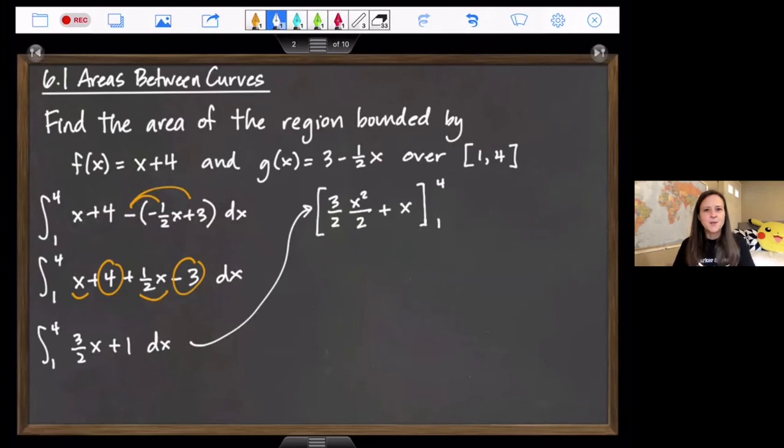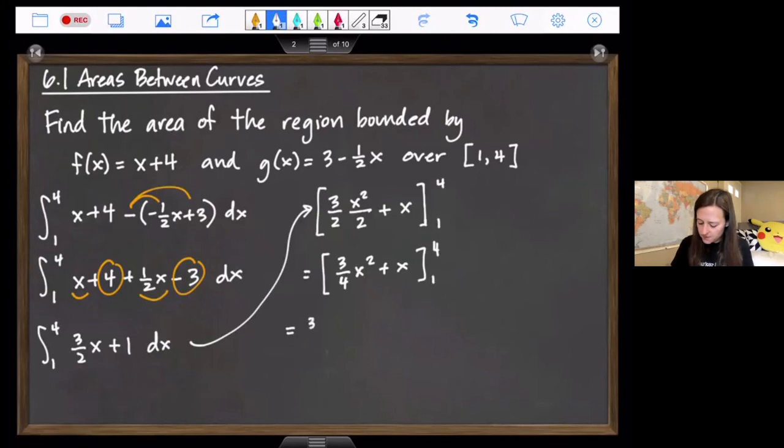All right, so I'm going to simplify a little bit before I plug in. Let's multiply those 2's together. So this is going to be 3/4 x squared plus x from 1 to 4. All right, so we plug in our top limit minus our bottom limit.